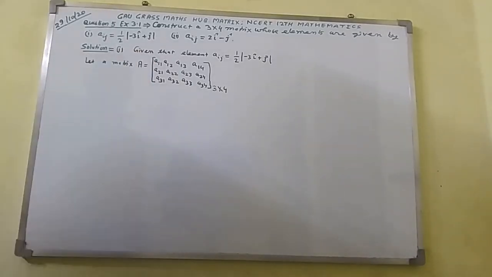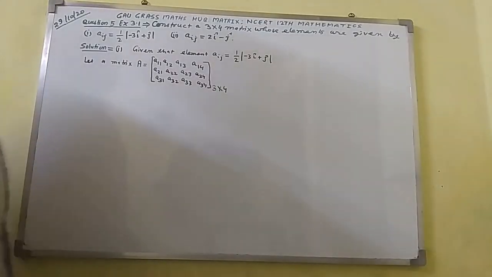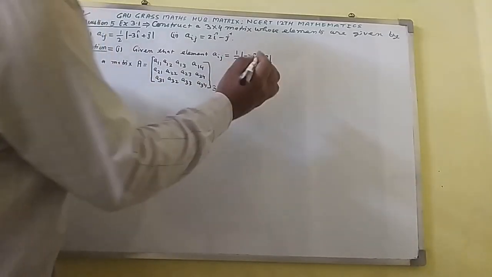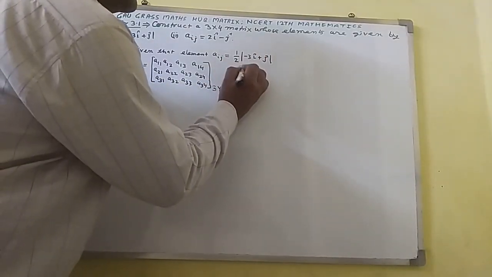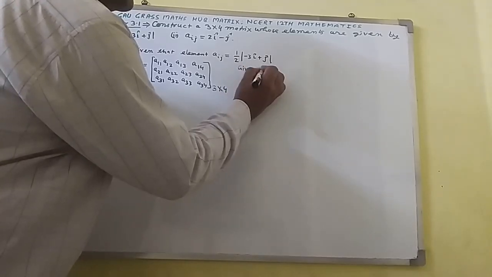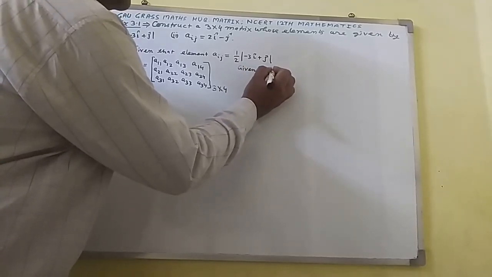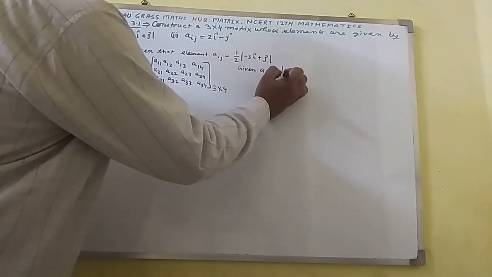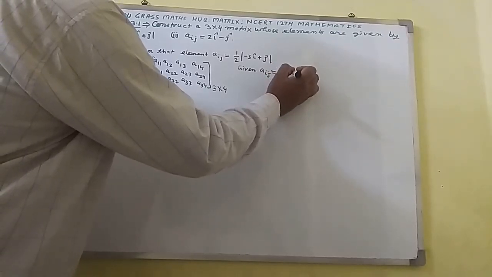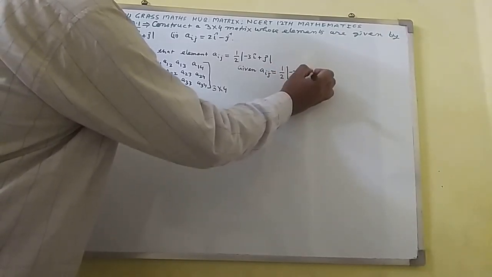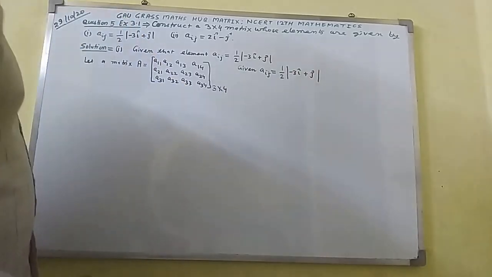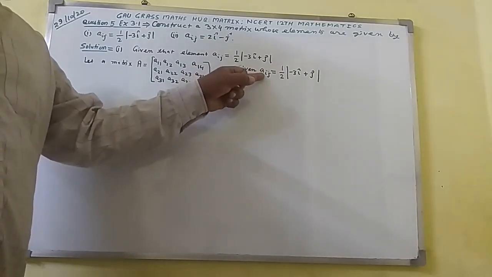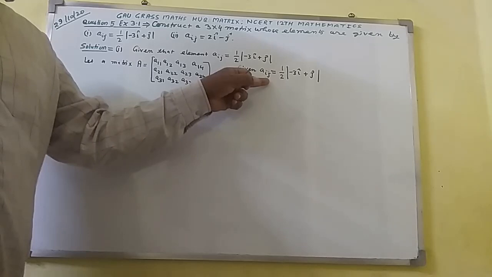This means that a11, what will be the value of a11? So here I shall find the value of a11. Given aij is equal to 1/2 |-3i + j|. Here in aij, i represents the row position and j represents the column position.